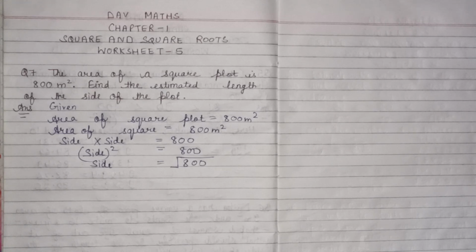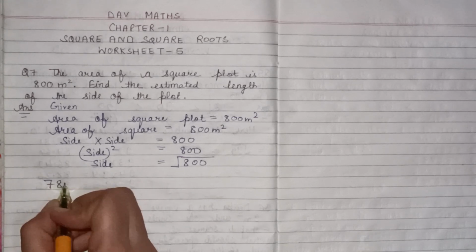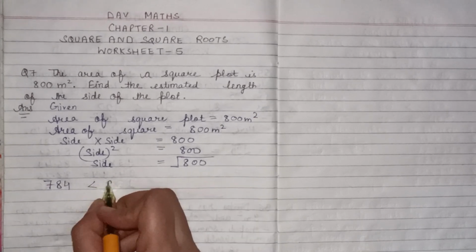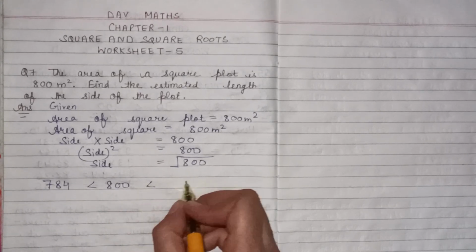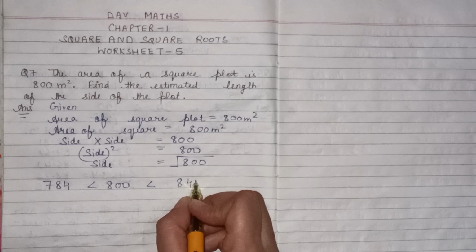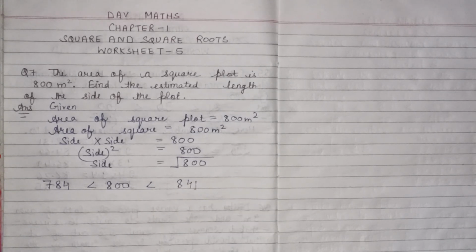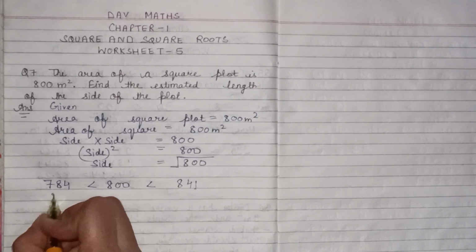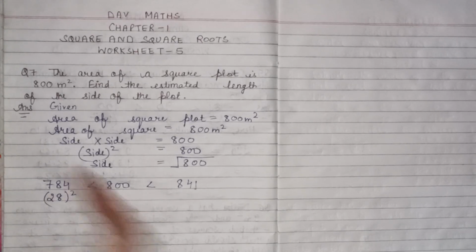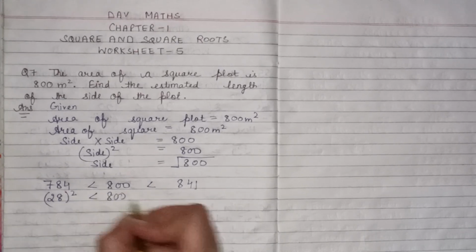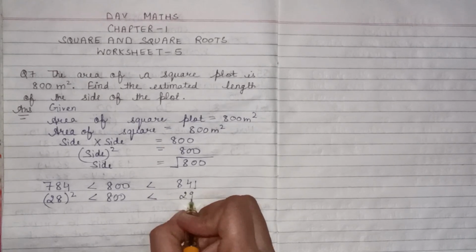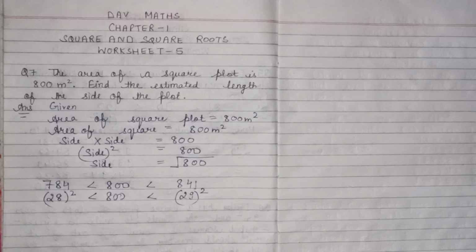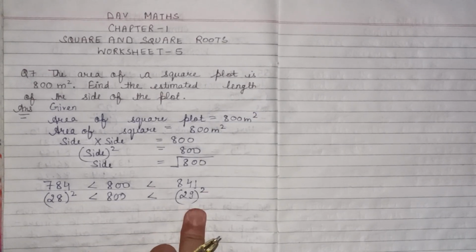So I write here 784 less than 800, which you can also write as 784 less than under root 800, less than 841. We can also write 784 is equal to 28 square. 28 multiplied by 28 is equal to 784, then less than 800, less than 29 multiplied by 29, which is equal to 841. Here the number lies between 28 and 29.